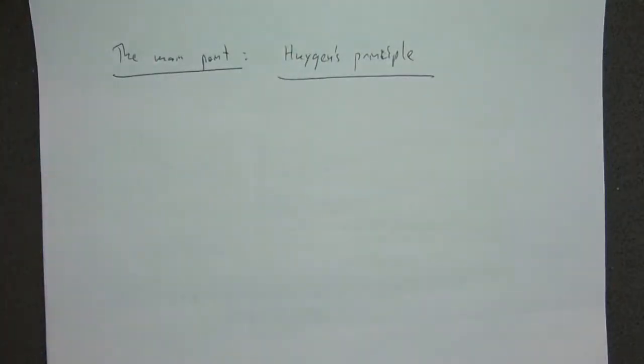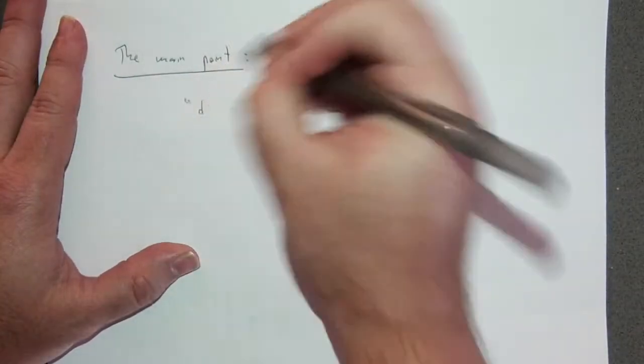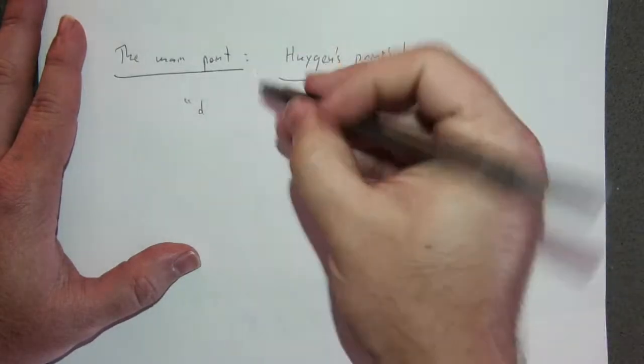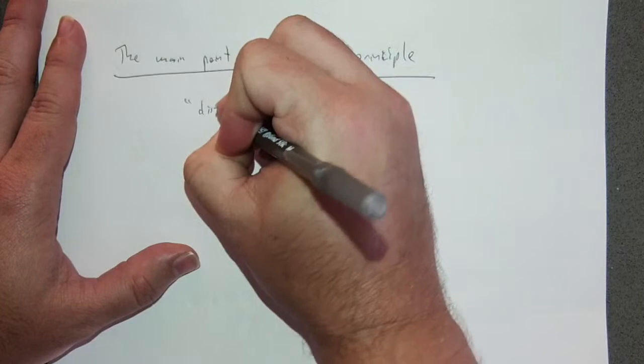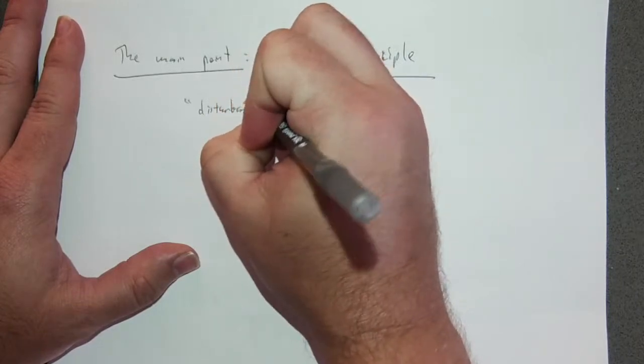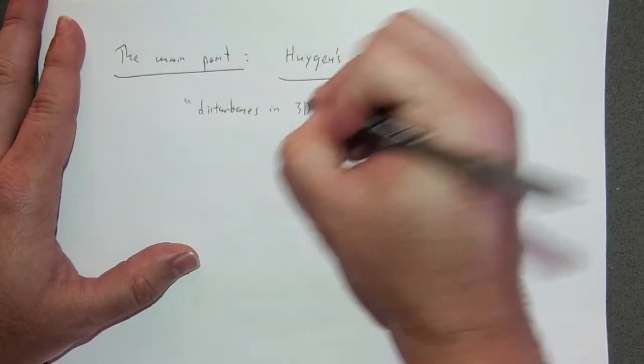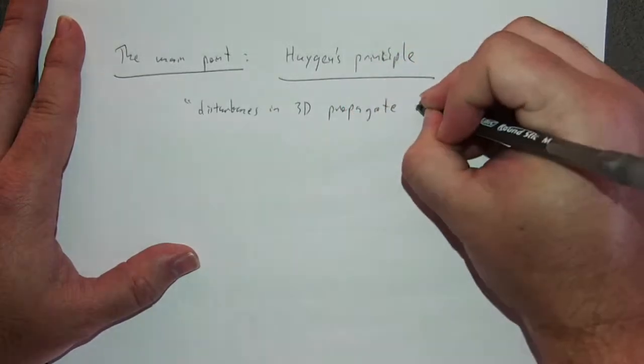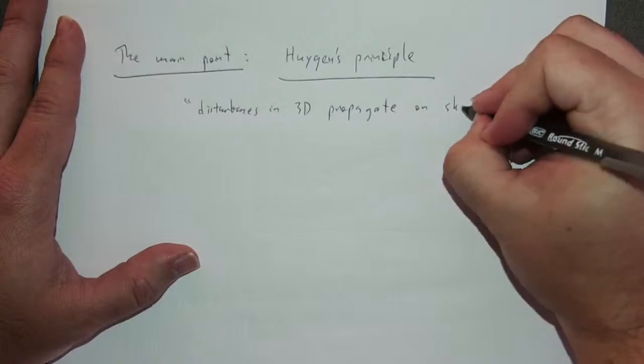Which is what? The principle actually says something a little bit different, but one consequence of it, I should say, is that disturbances in 3D propagate on sharp fronts.